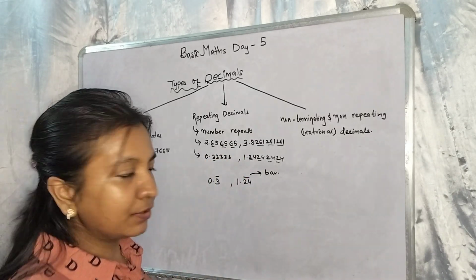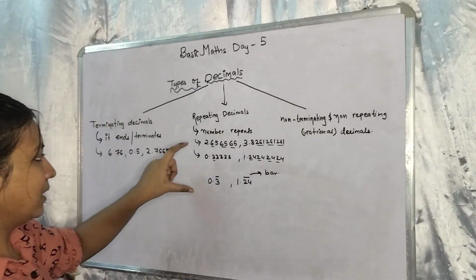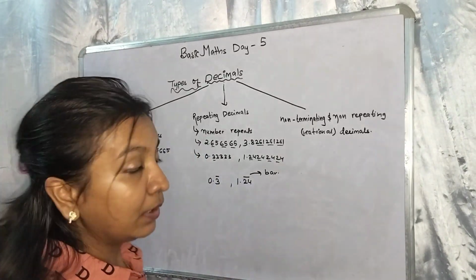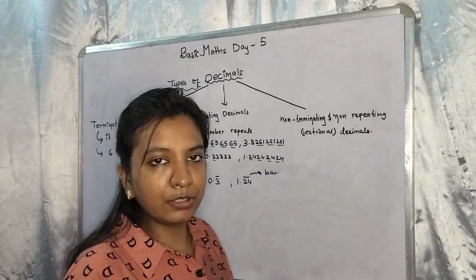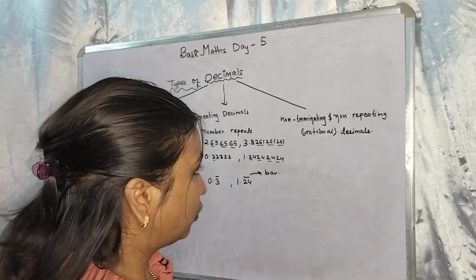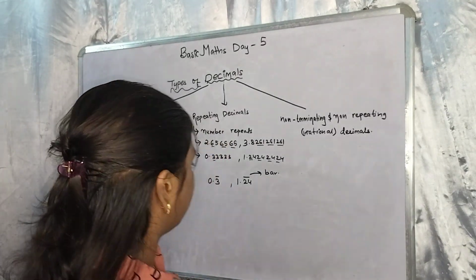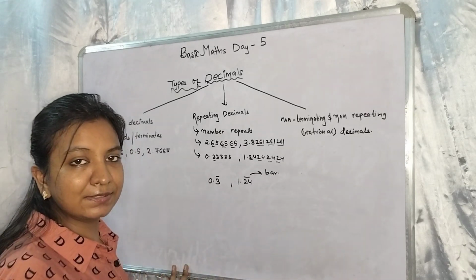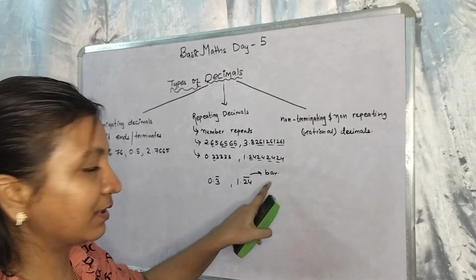If you write 2.65656565, that is a terminating decimal, meaning it ended. But in a repeating decimal it doesn't end, and you can't write it repeatedly infinitely. So 0.3 with a bar expresses that 3 is getting repeated. Here 1.24 with a bar represents that 24 is getting repeated.